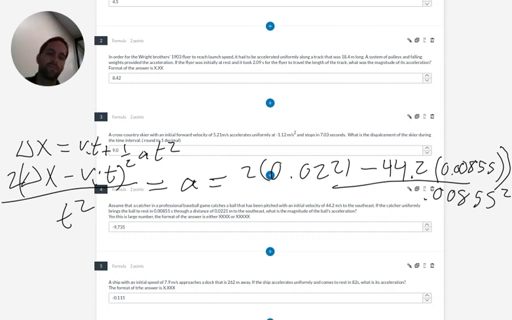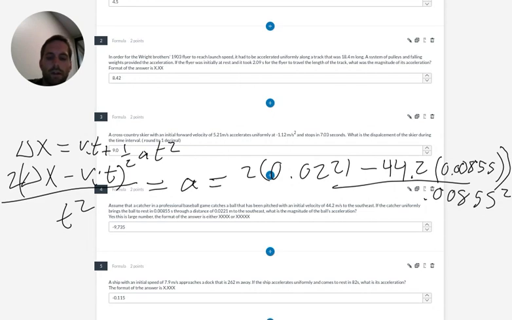So when I do this, get it all typed out, I should get 2 times 0.00221 minus 44.2 times 0.00855, and then I want to divide all of that by 0.00855 squared.